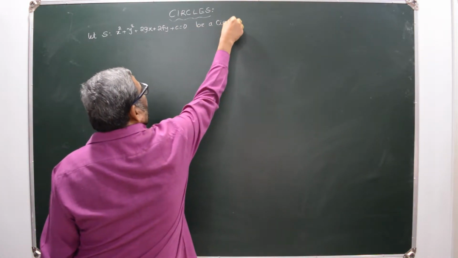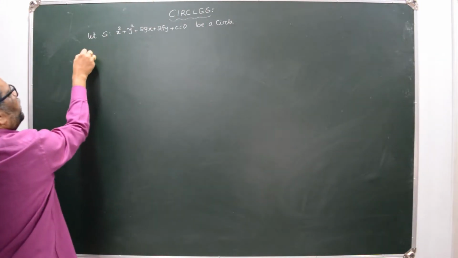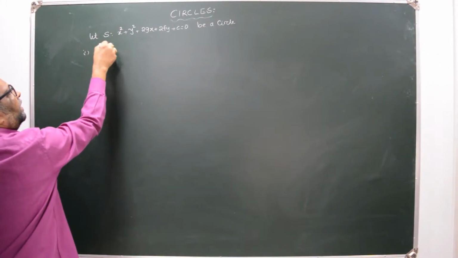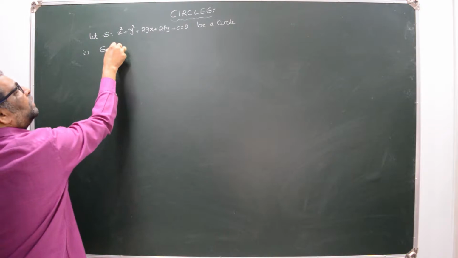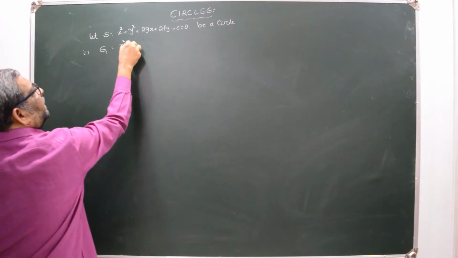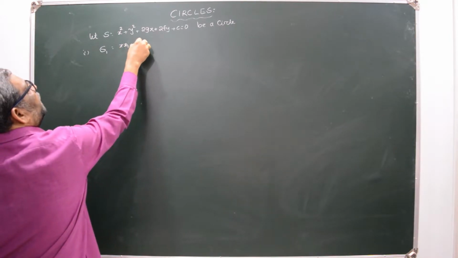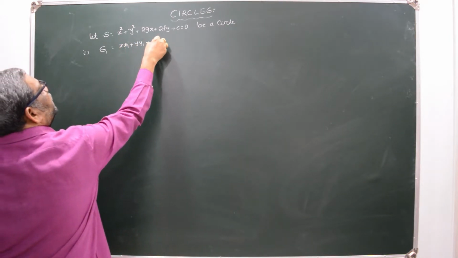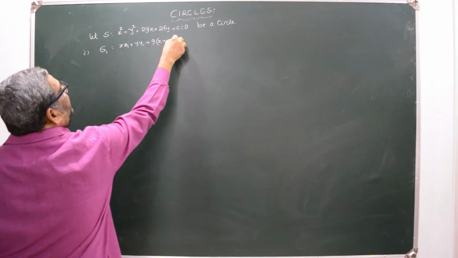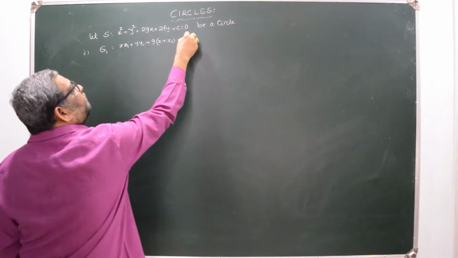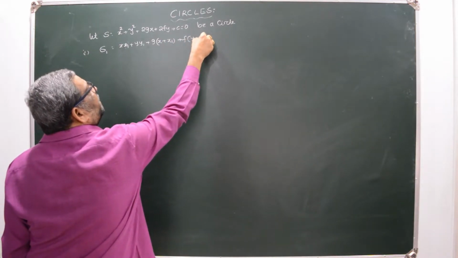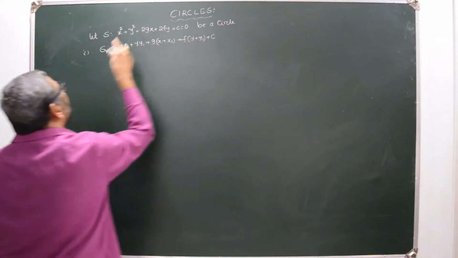I will write some notations here. Number 1, S1 is x1 square plus... S1 equals x x1 plus y y1 plus g into (x plus x1) plus f into (y plus y1) plus c.